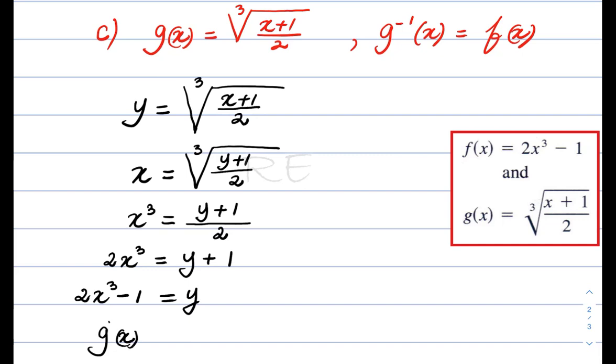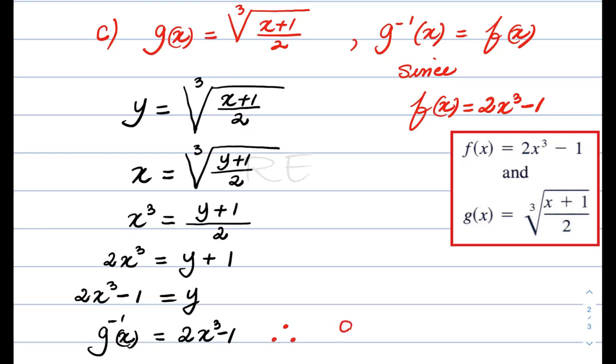So the inverse of g of x is equal to 2x cubed minus 1. Now we know that f of x is equal to 2x cubed minus 1. Therefore, the inverse of g of x is equal to f of x.